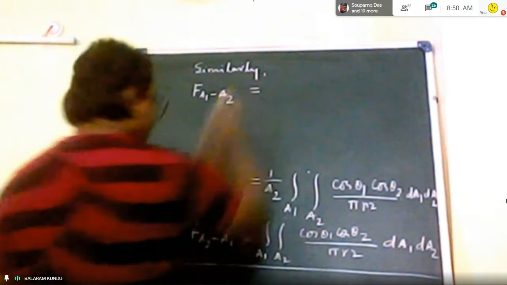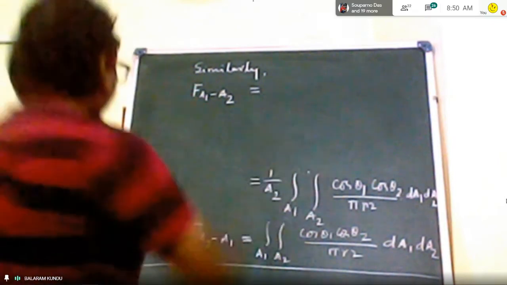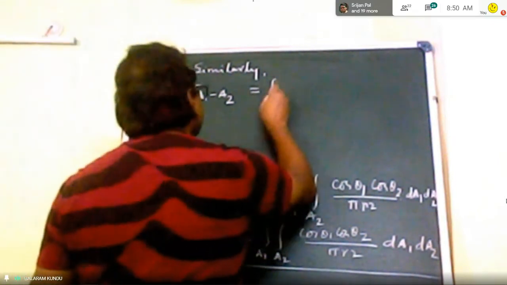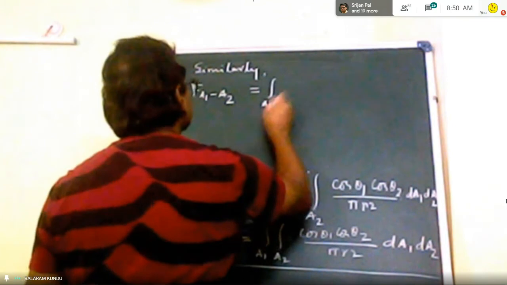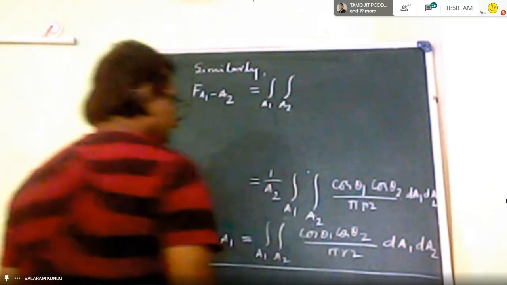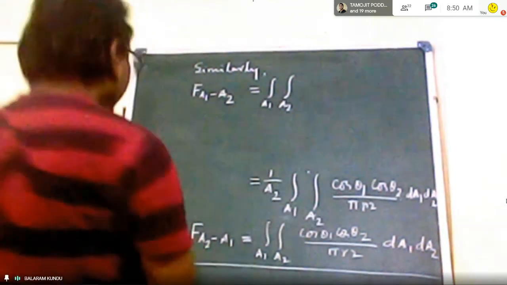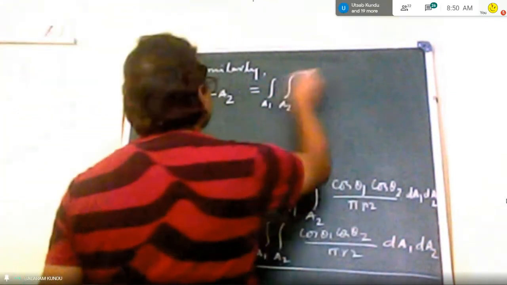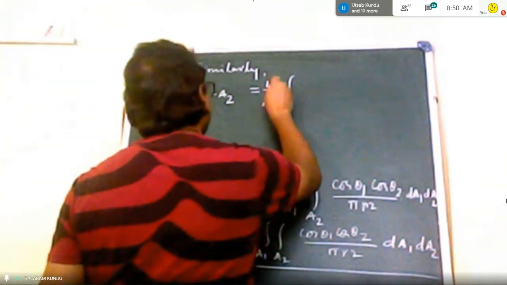That should be equal to integration along the surface A1, integration along the surface A2, and in the same way 1 by A1 should be there.